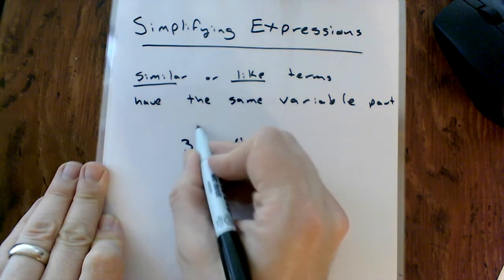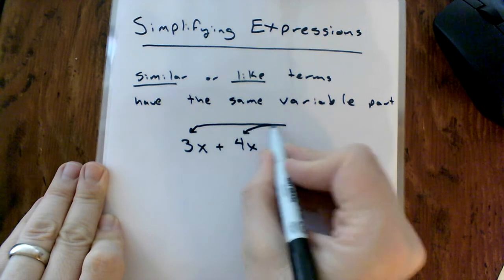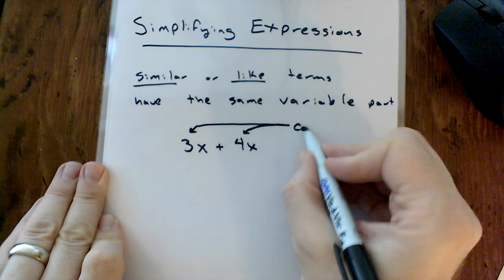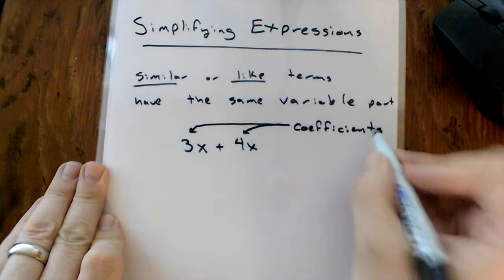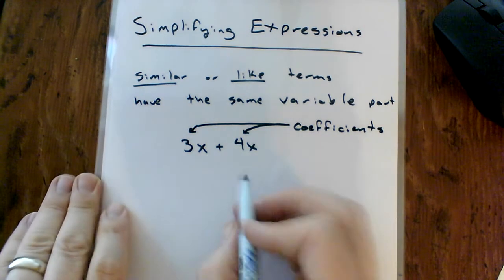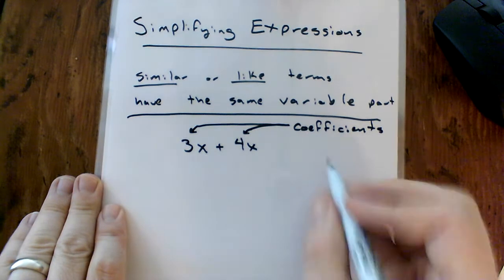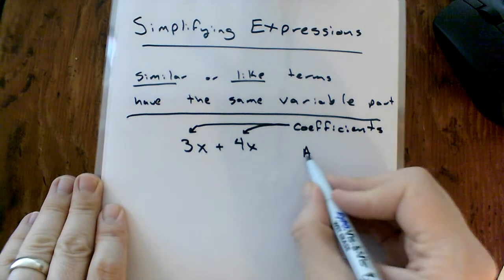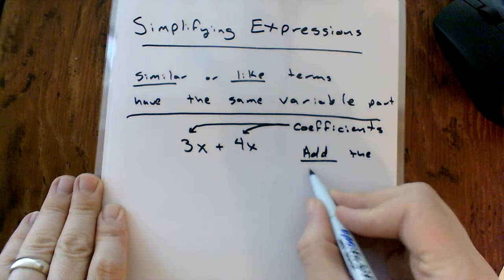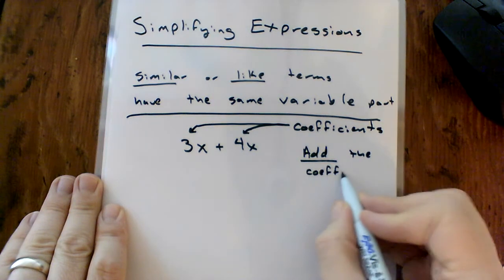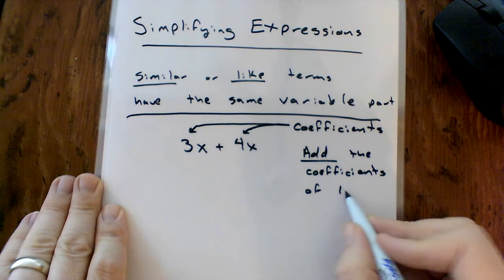These numbers in front, this 3 and that 4, are called coefficients. And what we're doing when we simplify this is we're just going to add together the coefficients of my like terms.